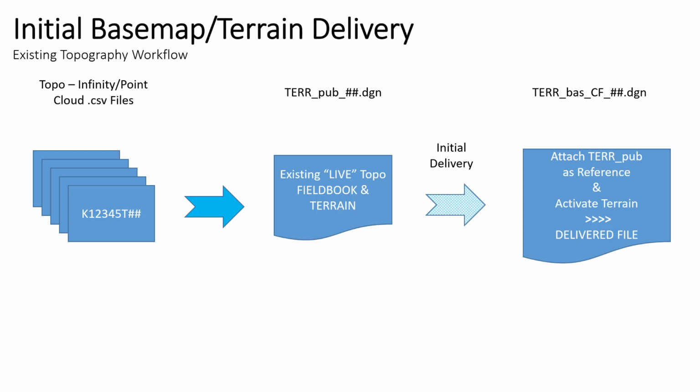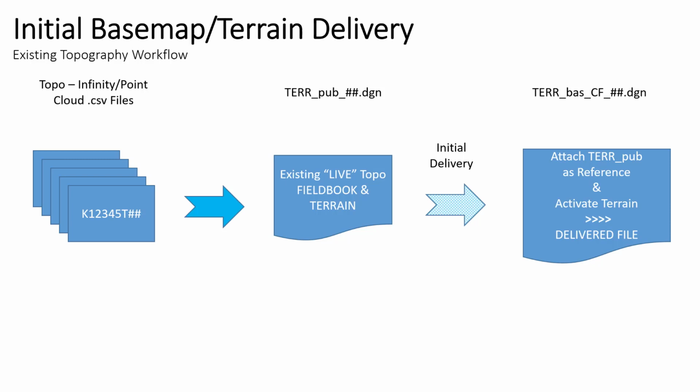There is another way you can do this, and that is to bring all the topo files or point cloud mapping that you have directly into the terrain pub file from the start. So you are essentially bypassing the civil working files for this initial Basemap delivery file. This method is going to work best if there is just one person doing all the processing and Basemap grooming.